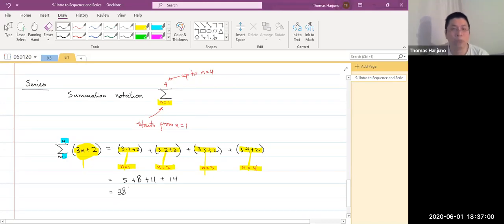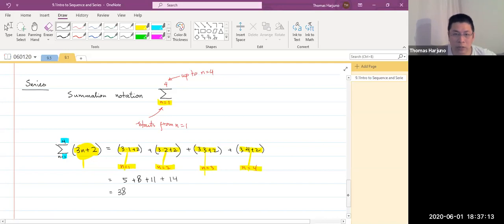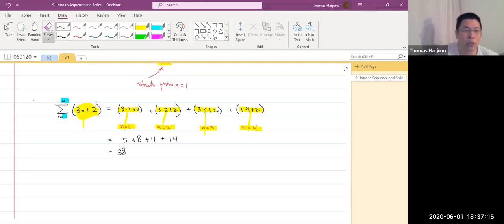Now, I will not teach you any formula yet. I think if I do, that will be on Wednesday. But for now, I really need you to understand what this notation means first. Suppose another example.